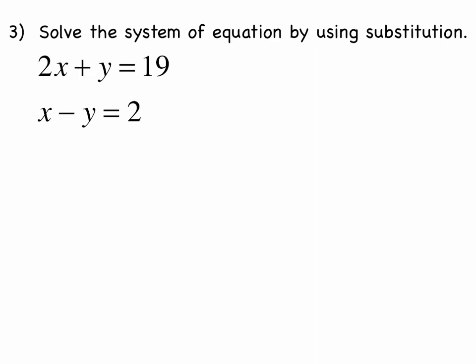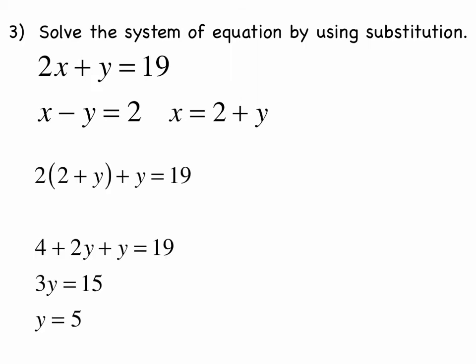Okay, here is a review for the next couple problems. Every time I show you a problem, I want you to pause the video and try it on your own and then come back here to check to see how you did. This first one, 2x plus y equals 19 and x minus y equals 2. I want you to solve this using substitution. So what I did is I subtracted y from the second equation, so I have x equals 2 plus y.